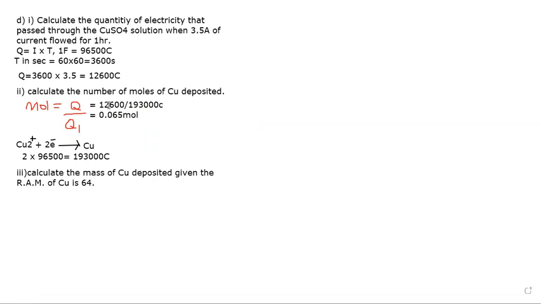All right, so whenever you get this question again, you simply divide the quantity of charge from the question. So when you say Q equals I times T, that Q, we are going to divide it by Q1. And again, to get Q1, all you do is look at how many electrons are used in the half equation. You don't even have to look at the half equation. Whatever the charge is on the ion, say if it is 2 plus, you multiply 96,500 by 2.